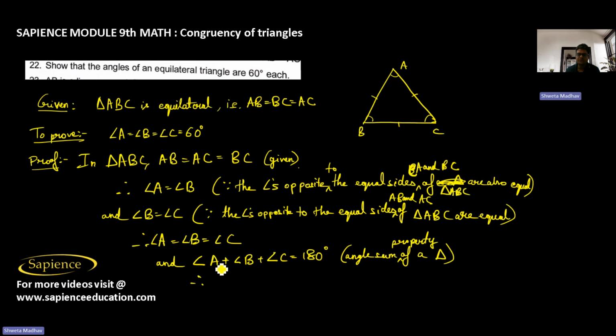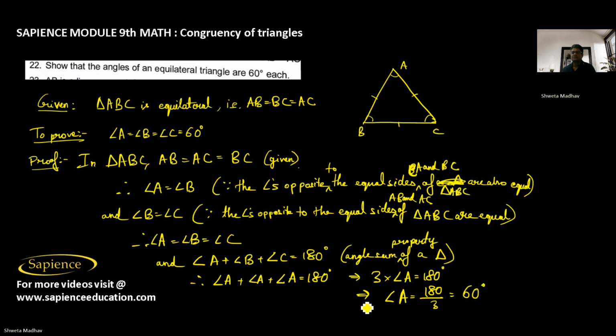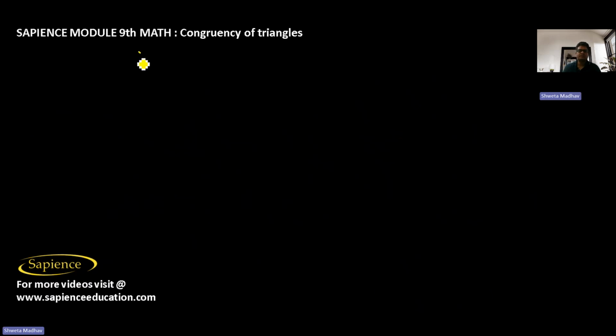So therefore I can say angle B is also angle A, angle C is also angle A. So I will say angle A plus angle A plus angle A is equal to 180 degrees. I can say that 3 times angle A is equal to 180 degrees. Therefore angle A is equal to 180 degrees divided by 3, which is equal to 60 degrees. So therefore I can say angle A is equal to angle B equal to angle C, which is equal to 60 degrees.